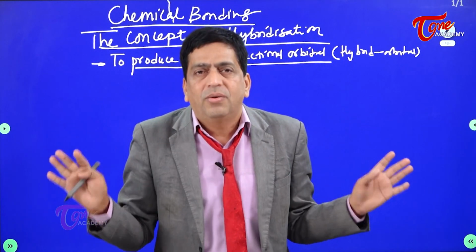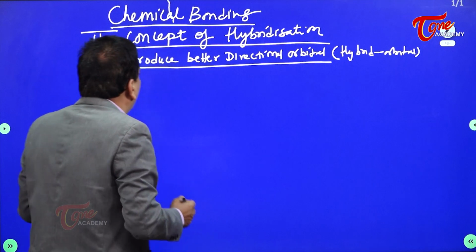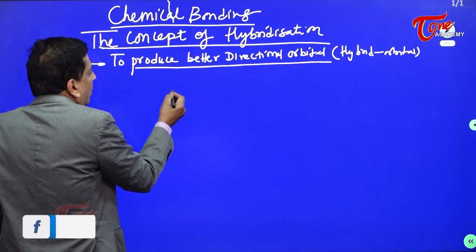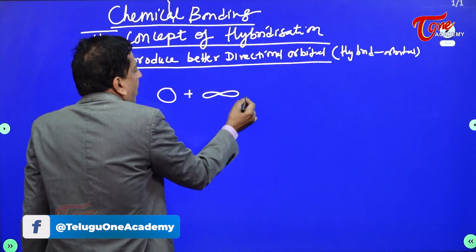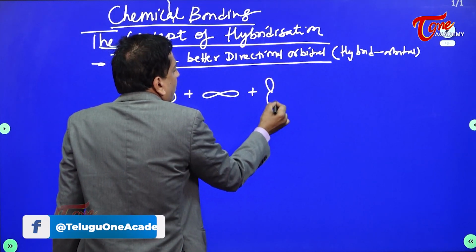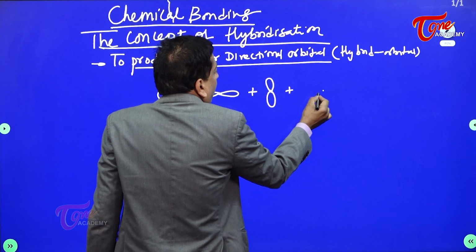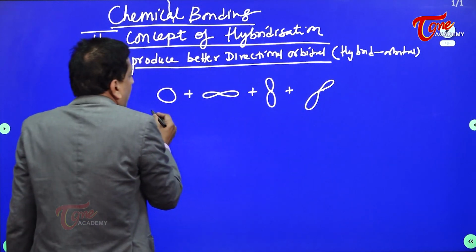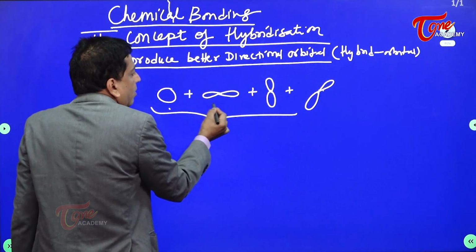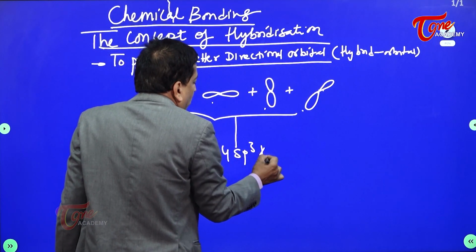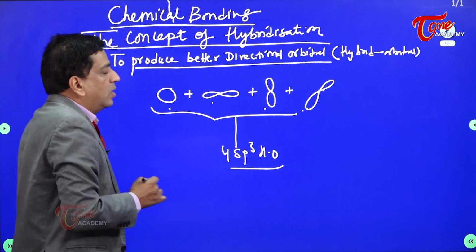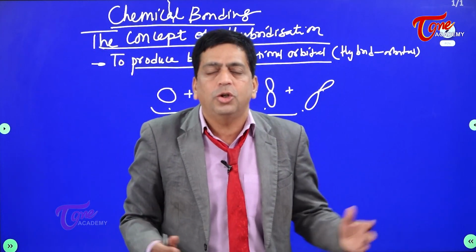I am ensuring, right? So if I look into the intermixing, this is 1s, 1p, 2p, and 3p. So you see 1s and 3p orbitals give 4 sp3 hybrid orbitals. This I was explaining to you in the last session.